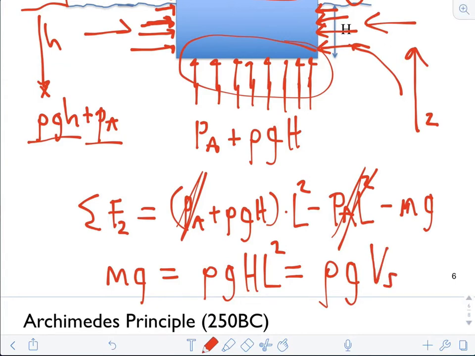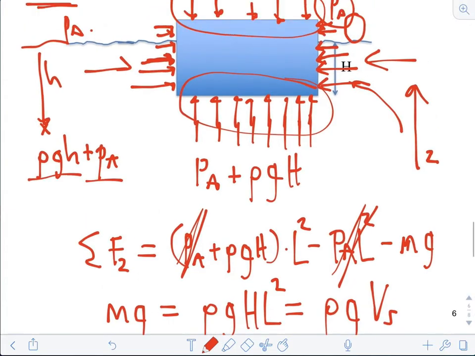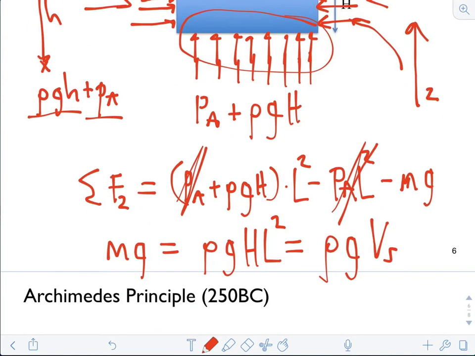H L squared is not the dimension of the box because some of it is above the water line. Rho g H L squared is the submerged volume of the box. So we have weight equals rho g times the submerged volume of the box.